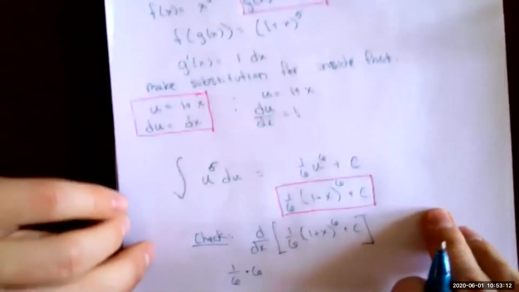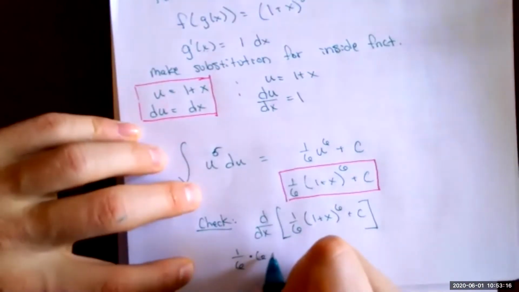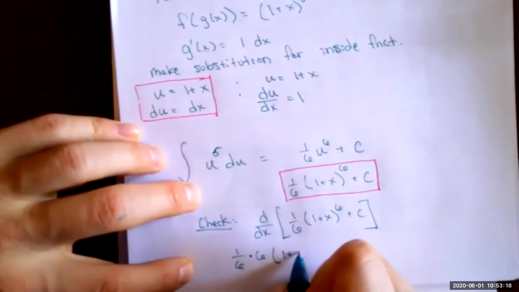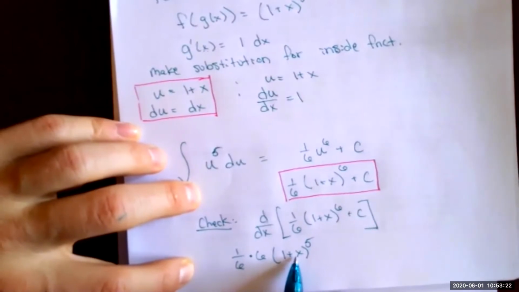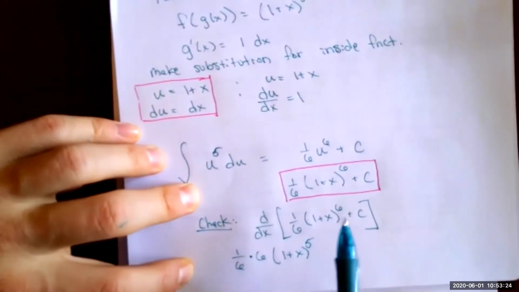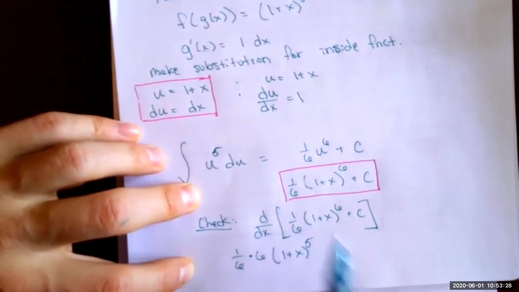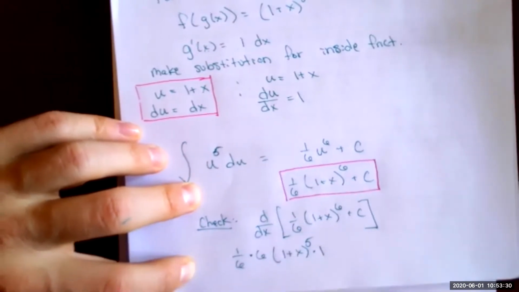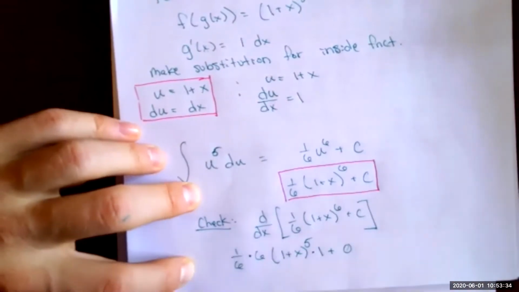You guys still seeing that? Now let me move it up. And then we will have our 1 plus x. We will lower the power. Our chain rule says that now I need to multiply by the derivative of the inside function, which is just 1. And then that c goes to 0.